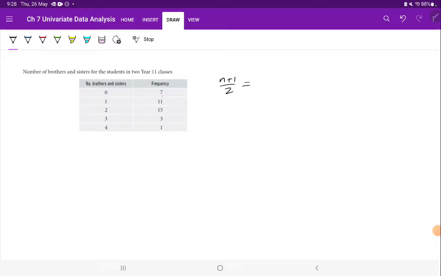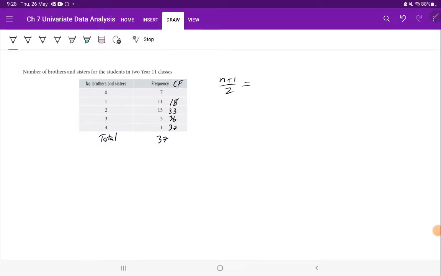Let's work it out. So we've got 7 plus 11, that's 18. 18 plus 15 is going to be 33. 33 plus 3 is 36, and 36 plus 1 is 37. So n in this case, the total, is 37. And what I've written here is what we'd call the cumulative frequency.